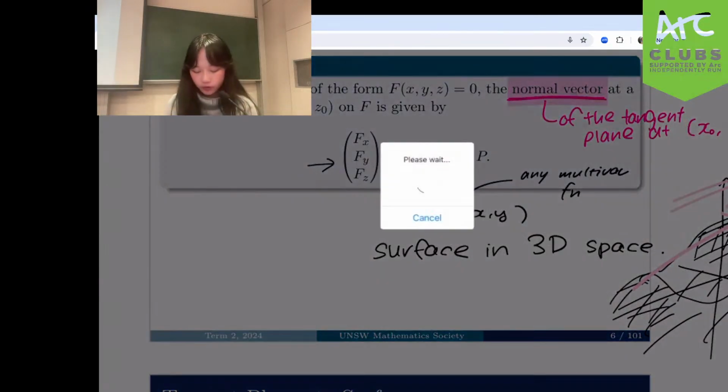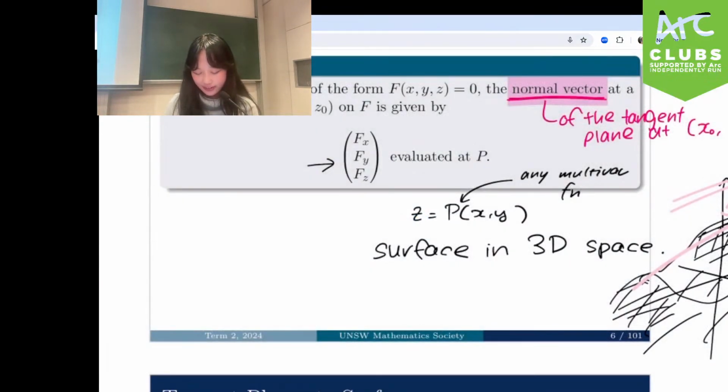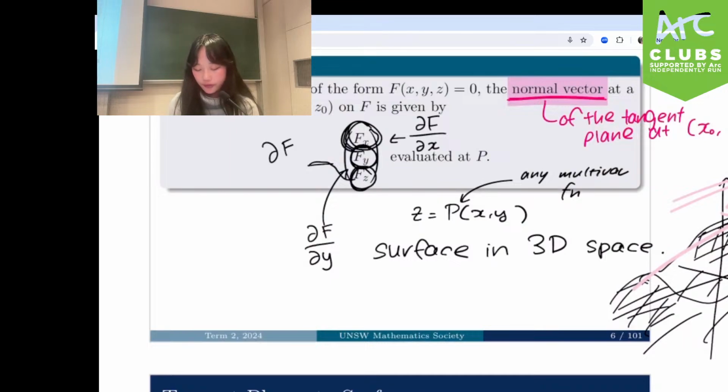For those of you who are wondering what f sub x means, f sub x just means the partial derivative of f with respect to x. This here is the partial derivative of f with respect to y, and this here is the partial derivative of f with respect to z.